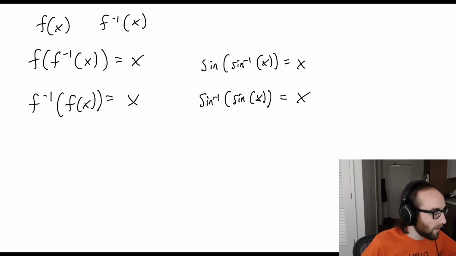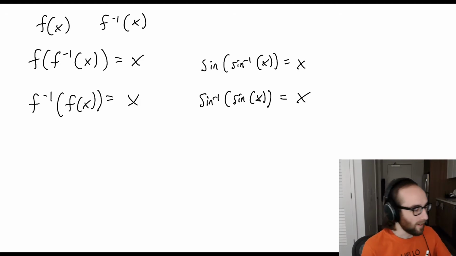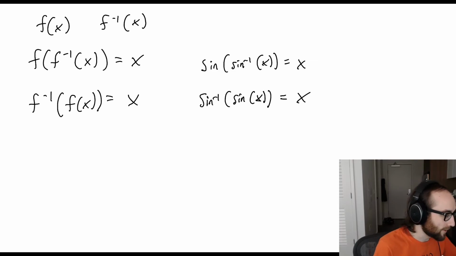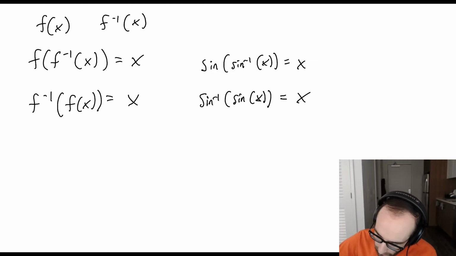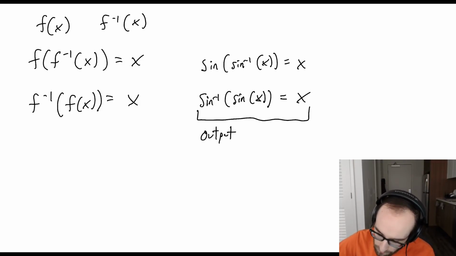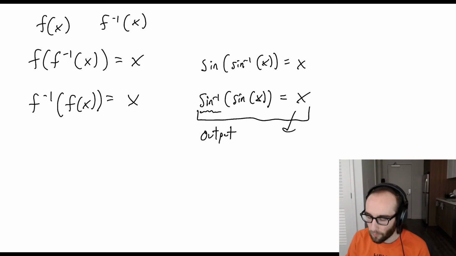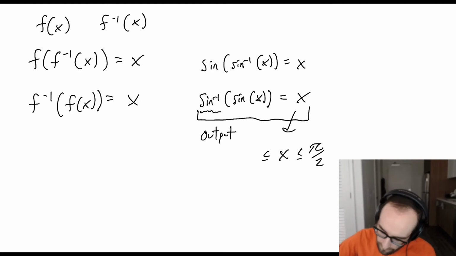The only note is that the domain is still restricted in this case, because we have domain restrictions for inverse sine. So here the output has a restriction. Our output for inverse sine of x has a restriction. And what that means is that what we end up with, x, is going to be in between pi over 2 and negative pi over 2.